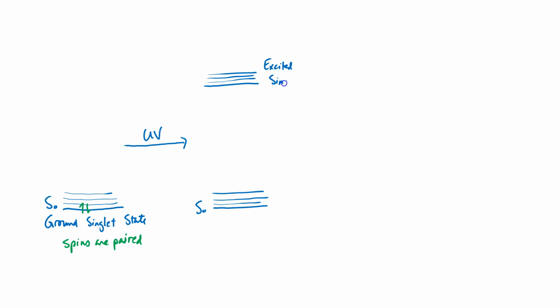This is the excited singlet state, and we'll label that S sub 1. Now, when UV radiation hits our molecule, one of these electrons is going to get promoted. Maybe I'll promote this one. So here we go. One electron got promoted to that excited singlet state, but notice that the spins are still paired. One is up, one is down.